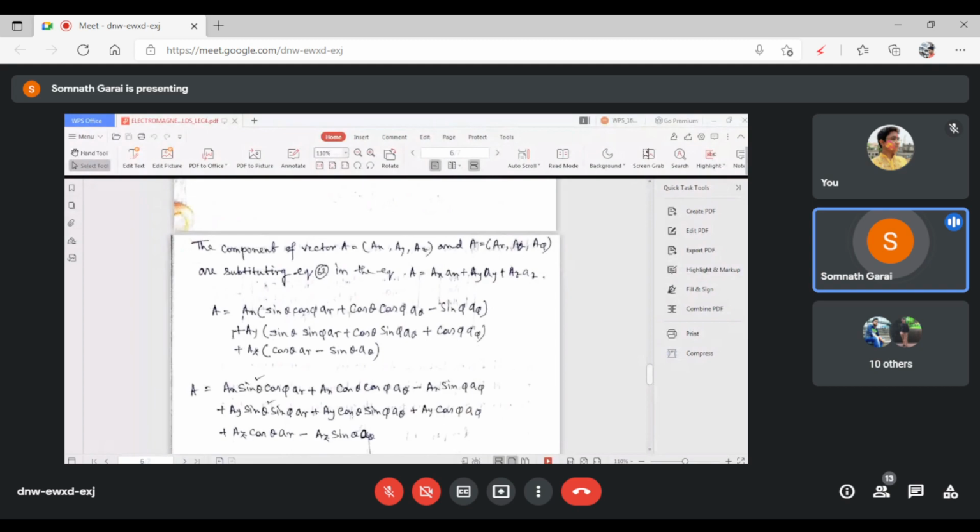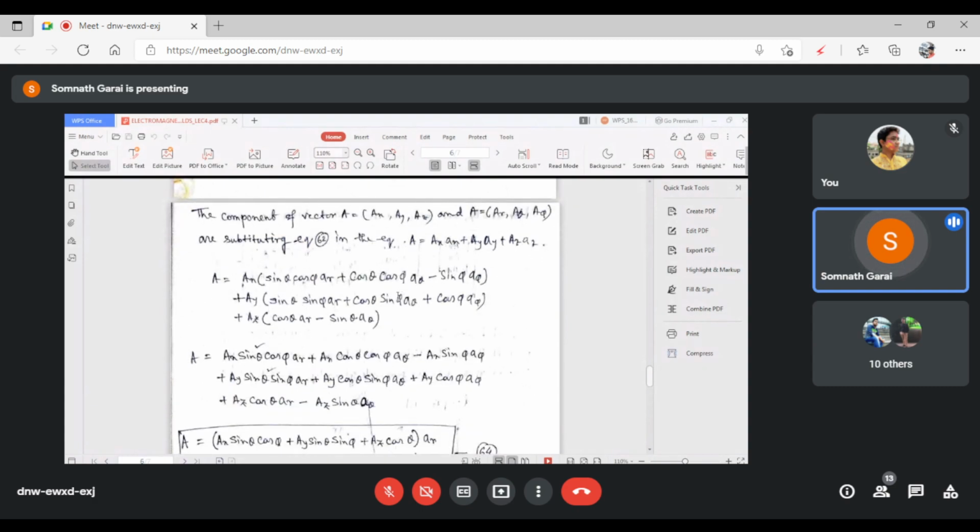So capital A is equal to ax into (sin theta cos phi ar plus cos theta cos phi a theta minus sin theta sin phi a phi) plus ay into (sin theta sin phi ar plus cos theta sin phi a theta plus cos phi a phi) plus az into (cos theta ar minus sin theta a theta).